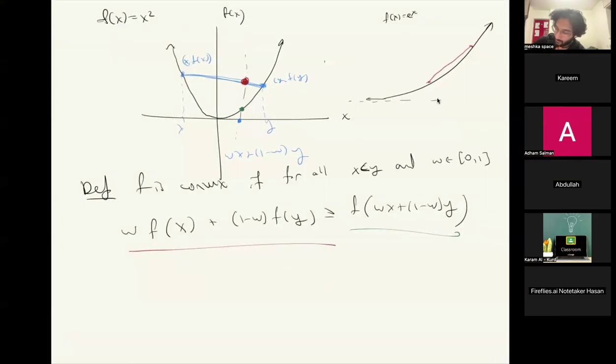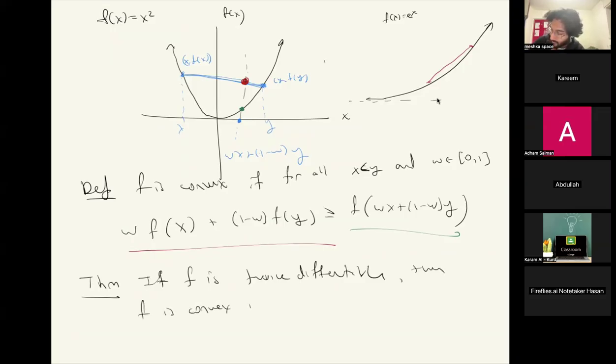So maybe I'll just state a theorem, which you're welcome to use on IMO, which says that if f is twice differentiable, so it has a second derivative, then f is convex if and only if f double prime of x is greater than or equal to 0 for all x.